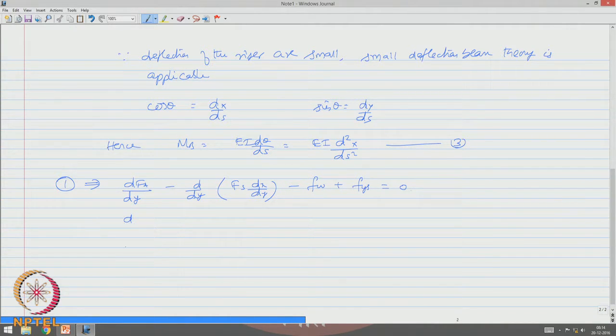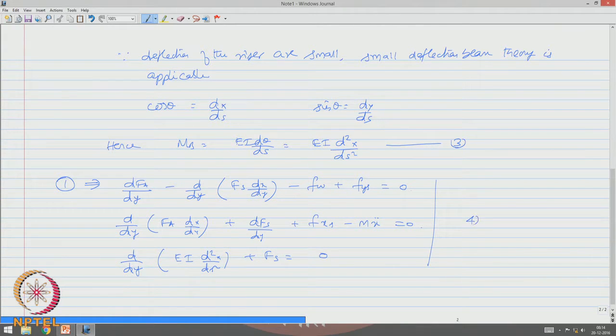Similarly, sigma Fx equal to 0 equation will turn out to be d by dy of Fa dx by dy plus dFs by dy plus Fxs minus m x double dot is 0. The third equation, which is sigma M equal to 0, will turn out to be d by dy of EI d square x by ds square plus Fs is set to 0. I call this equation number 4.